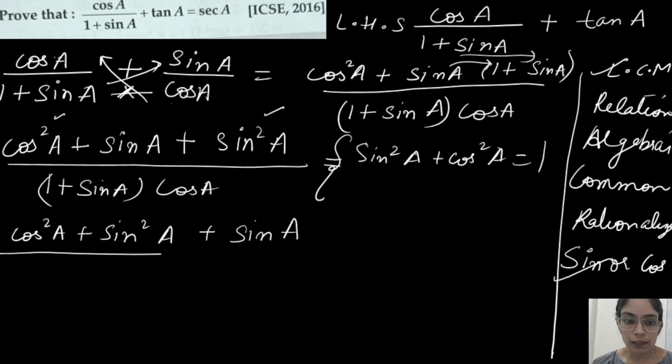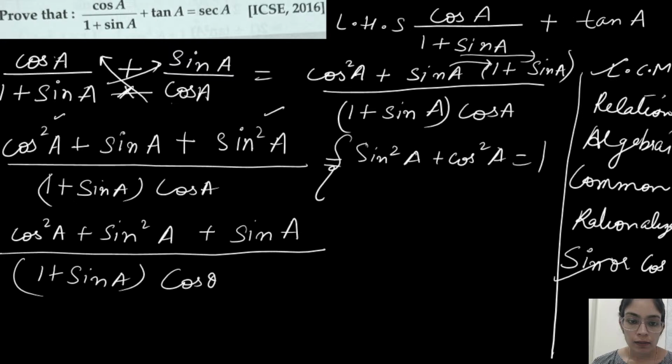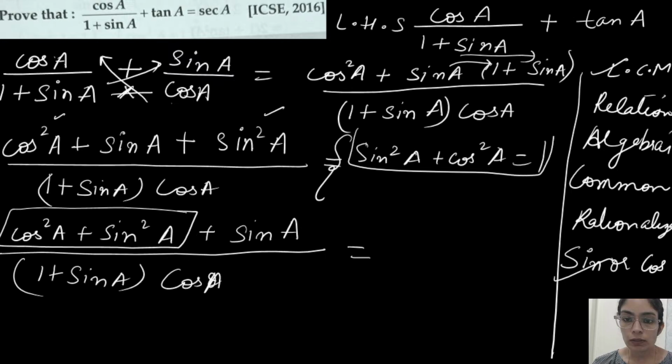So in the denominator what will I get? 1 plus sine A by cos A. Now this cos square A plus sine square A: see, sine square A plus cos square A, or if I write it as cos square A plus sine square A, both are the same.